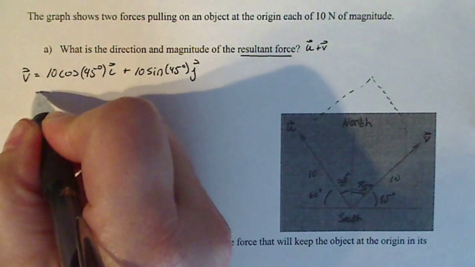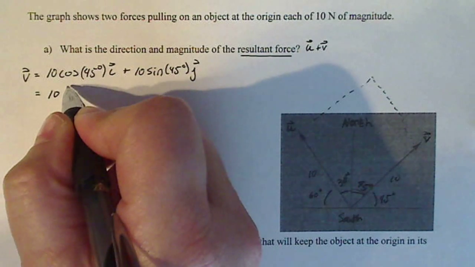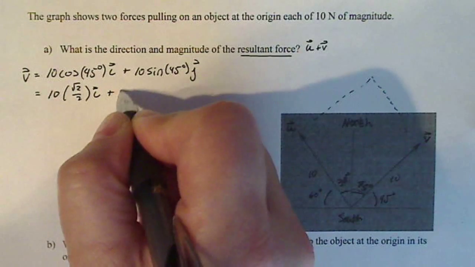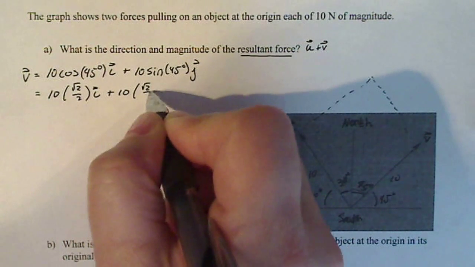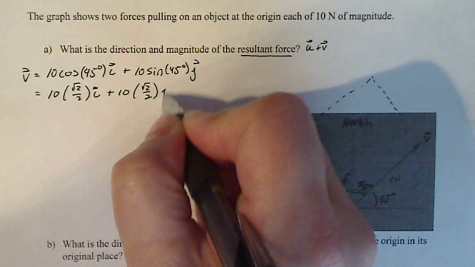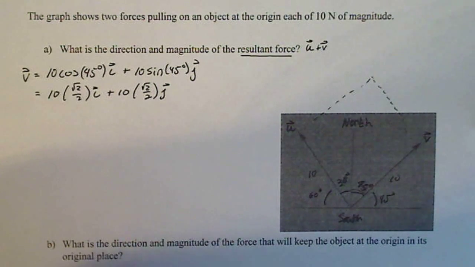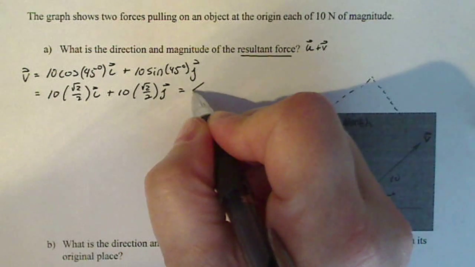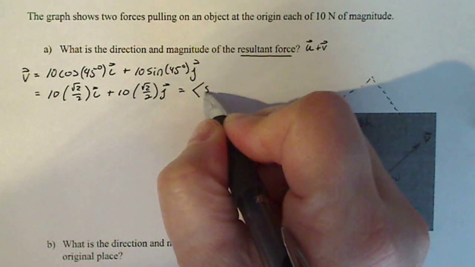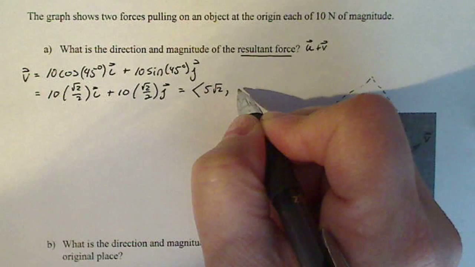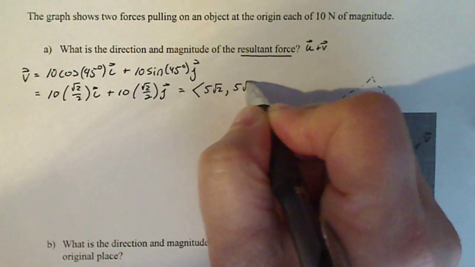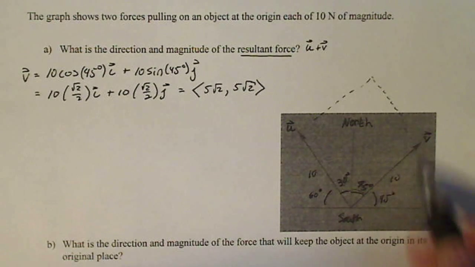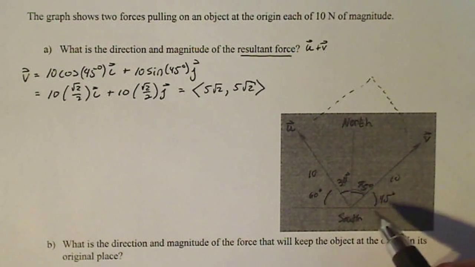If I simplify that, I get 10 times square root of 2 over 2 i plus 10 times square root of 2 over 2 j, using the unit circle, exact values, standard angles, etc. So I get a lovely vector, and I want to put it in this notation here: 5 square root of 2 i component and 5 square root of 2 j component, which makes sense because with a 45-degree angle, the i and j should be the same components, same length.